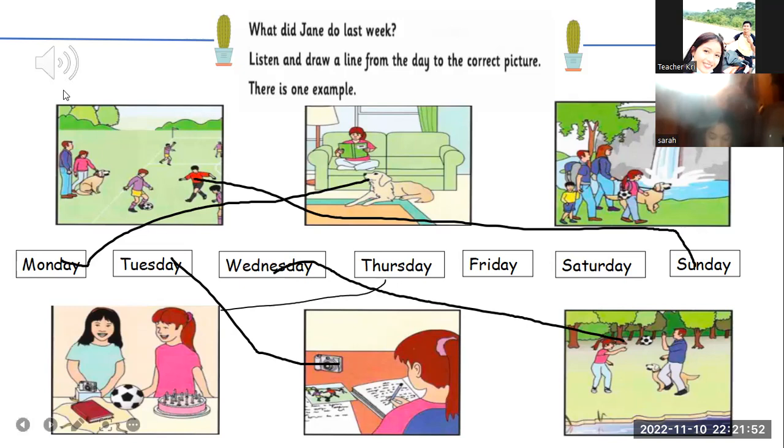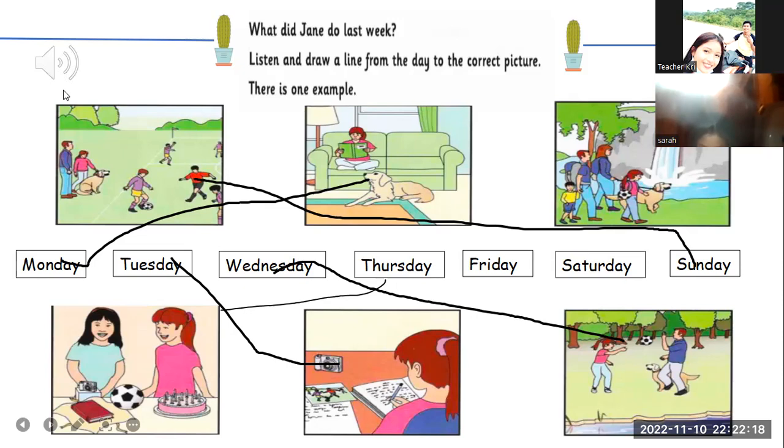Part 3. Look at the pictures. What did Jane do last week? Listen and look. There is one example. Hello, Jane. Hello, Uncle Tony. What did you do last week? Tell me. Well, on Thursday, I went to my friend's birthday party.